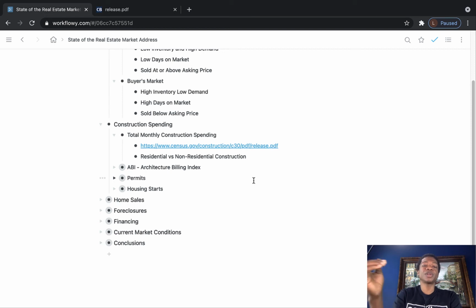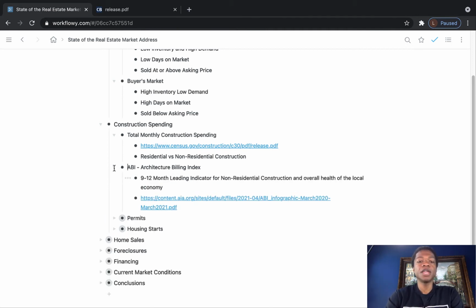One of the very early indicators is going to be the architecture billing index. Let's take a look at that. With the architecture billing index, we can see that it is a 9 to 12 month lead indicator for the local and the overall economy. It's for non-residential construction, but we know that about half of the total construction spend is going to be residential.